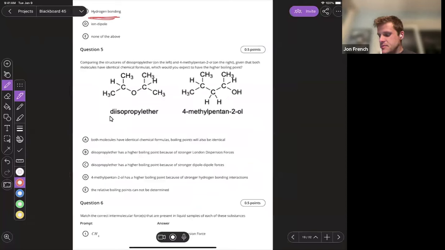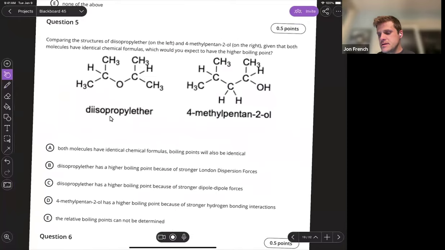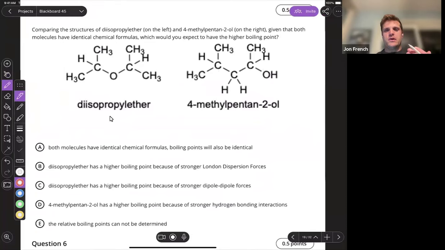Question five, we're given these two isomers of each other, diisopropyl ether and 4-methylpentanol, and we're asked to rationalize why one might have a higher boiling point than the other. There are two arguments we can make about boiling point.